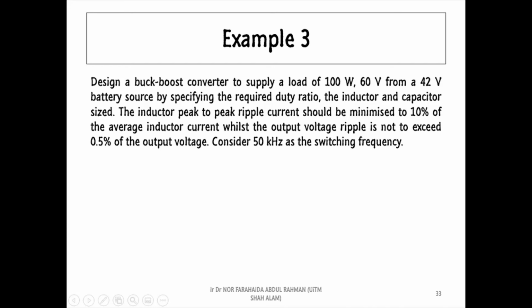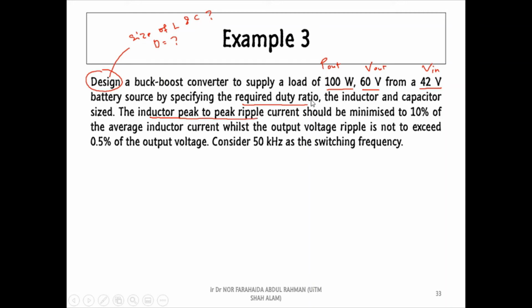I will end this video with this example question. According to the statement, we need to design a buck-boost converter, which means we need to determine the size of the inductor and capacitor of the converter. According to the output power, output voltage, and input voltage, we need to determine the required duty ratio.